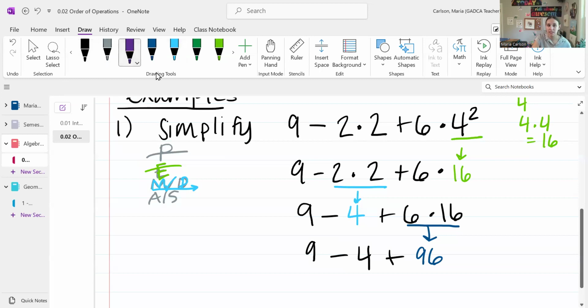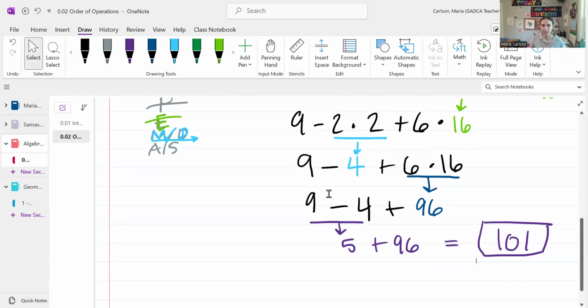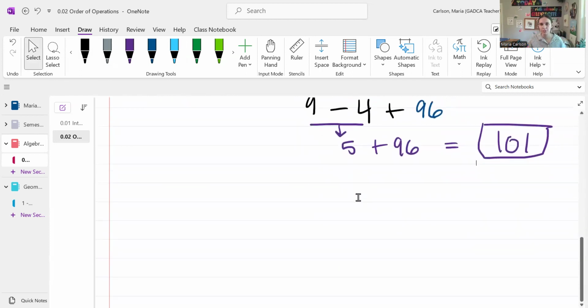And finally, we can just add and subtract from left to right. 9 minus 4 is 5 plus 96. 5 plus 96 is 101. All right. So there we used the order of operations to simplify that expression.